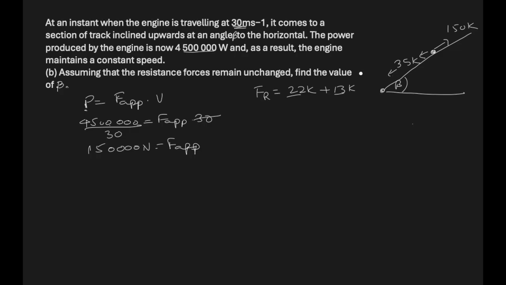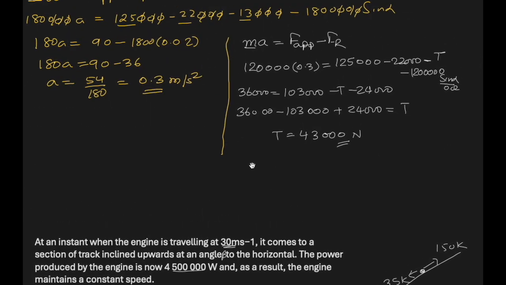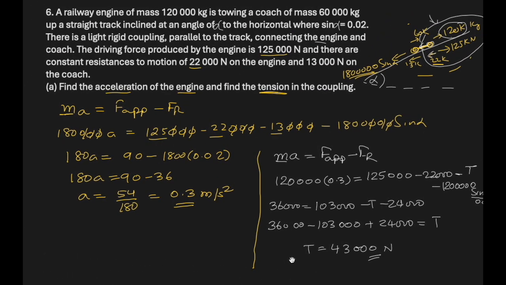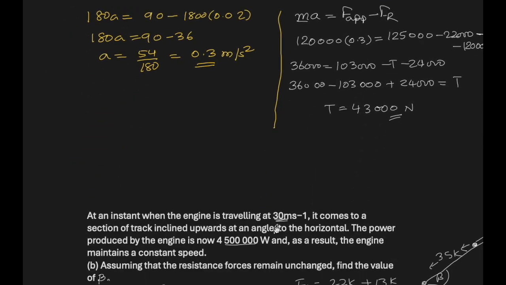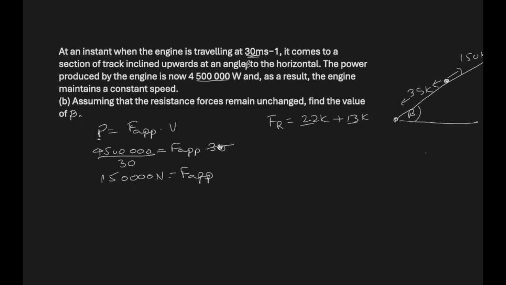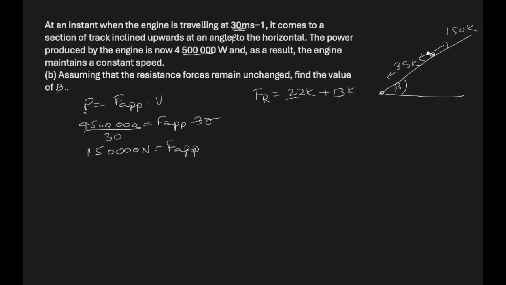And then what was the mass of the two? 120 plus 60, 180 was the mass of the two. So I'm assuming them as one body, okay? So the mass was 180K. So they will have one force in this direction, which will be 180K, and then 10 and sine beta this time. These are two forces. I have taken care of resistive forces and applied force.